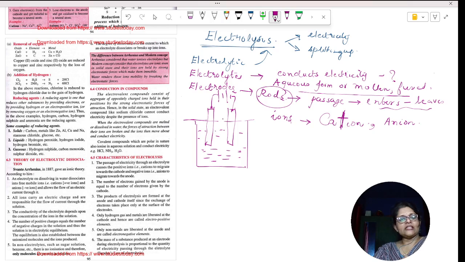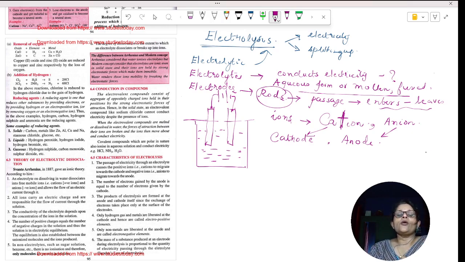And the electrodes also have the names cathode and anode, because cations move towards the cathode and anions move towards the anode, and thus they got the names cathode and anode.